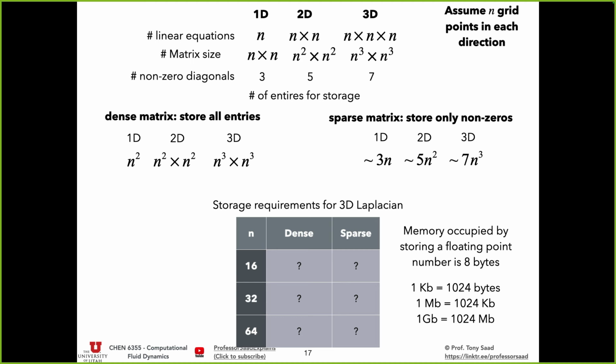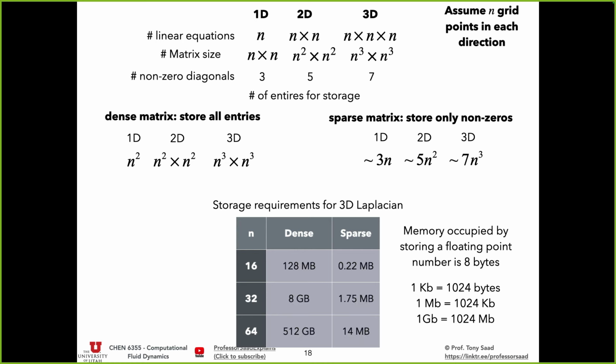I think I got 8. 8 what? 8 gigabytes, okay. What about the sparse version? So 7n cubed, so 7 times 32 cubed times 8 over 1024 over 1024. Okay, that's right.